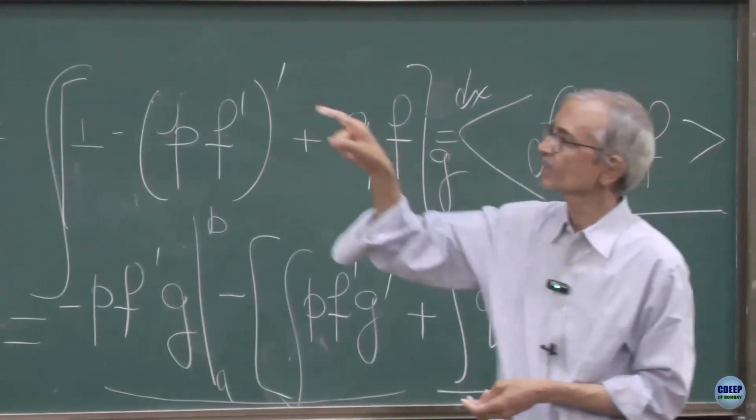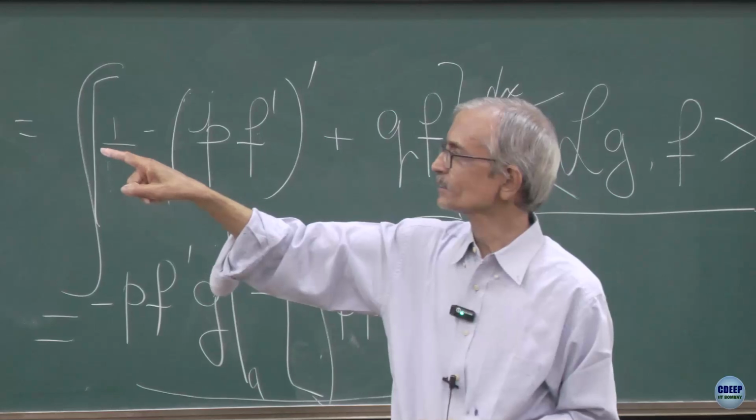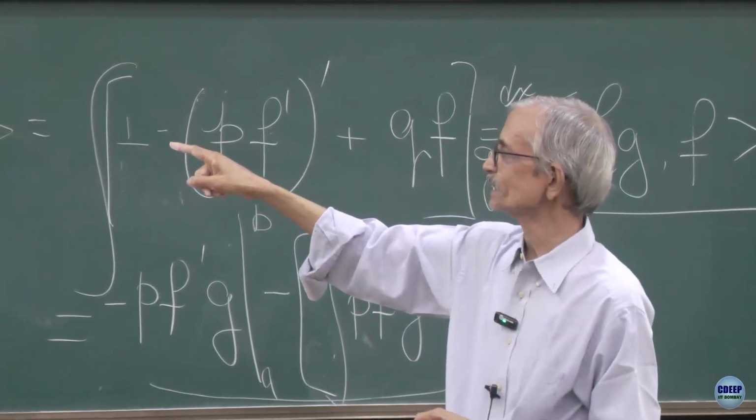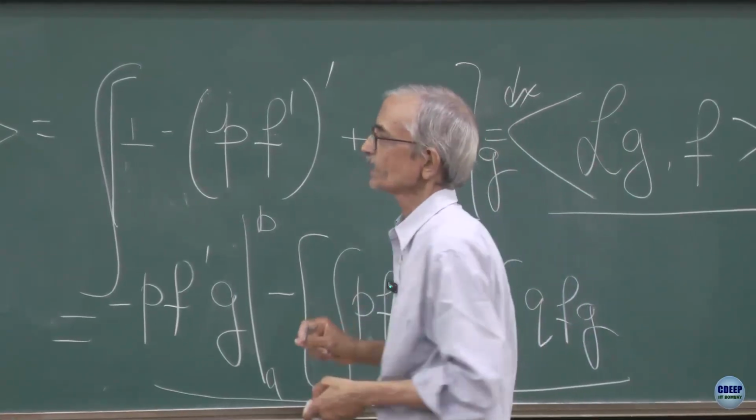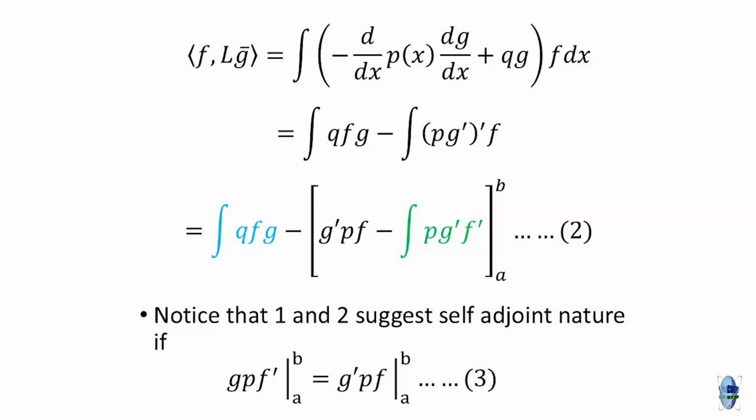So I've got a term in blue, a term in green, and a term in black there. Okay, and the next fellow, if I open up the brackets just like I have done here, again I have got a term in blue, a term in green, a term in black there.